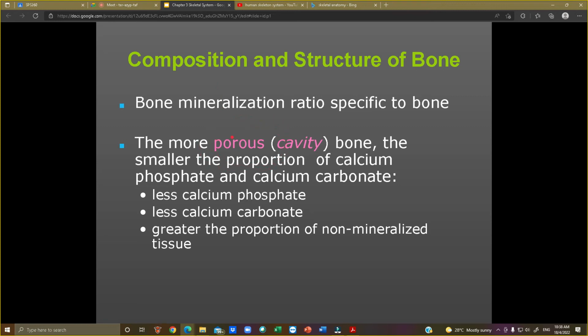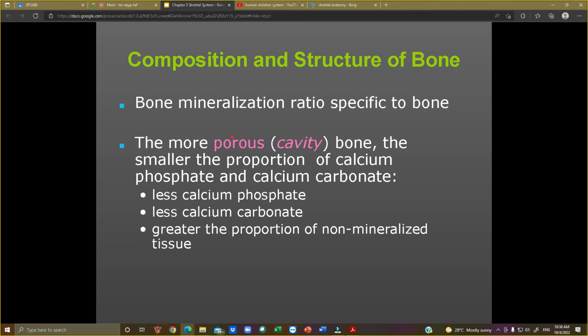Porous means cavity. We have lubang. So our bone consists of part with lubang and part which is solid. Dia ada part yang solid, dia ada part yang berlubang-lubang, and it is concerning all of the bone, bukan satu bahagian sahaja.